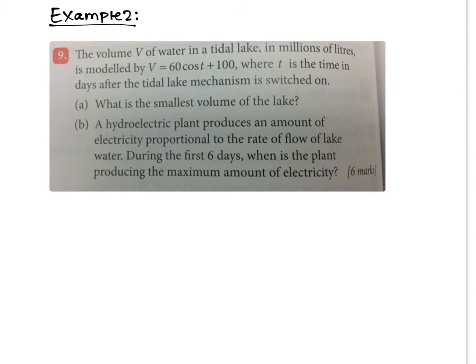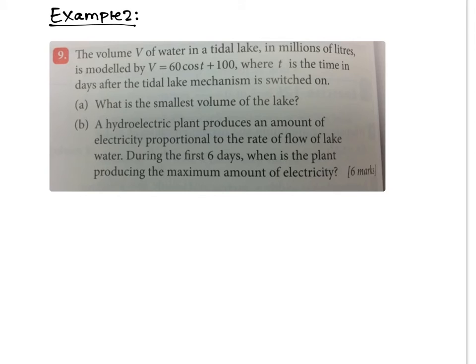Okay, so in this example, we know the function that represents the volume of water in a tidal lake in millions of liters, and t is the time in days. So first it asks what is the smallest volume of the lake, so we're talking about the minimum volume.